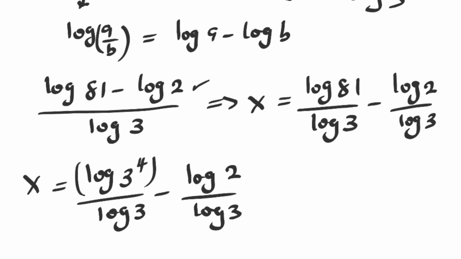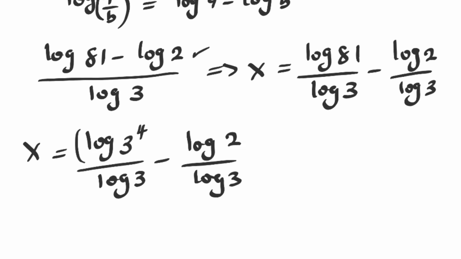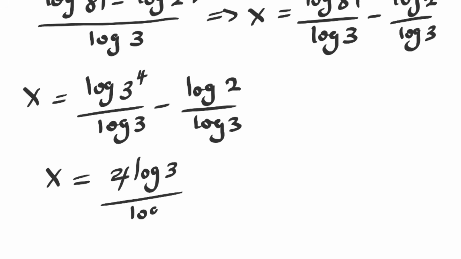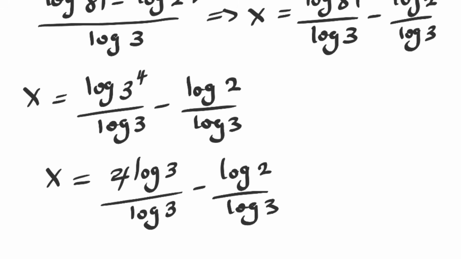This can be written as, we have x is equal to 4 log 3 divided by log 3 minus log 2 divided by log 3.